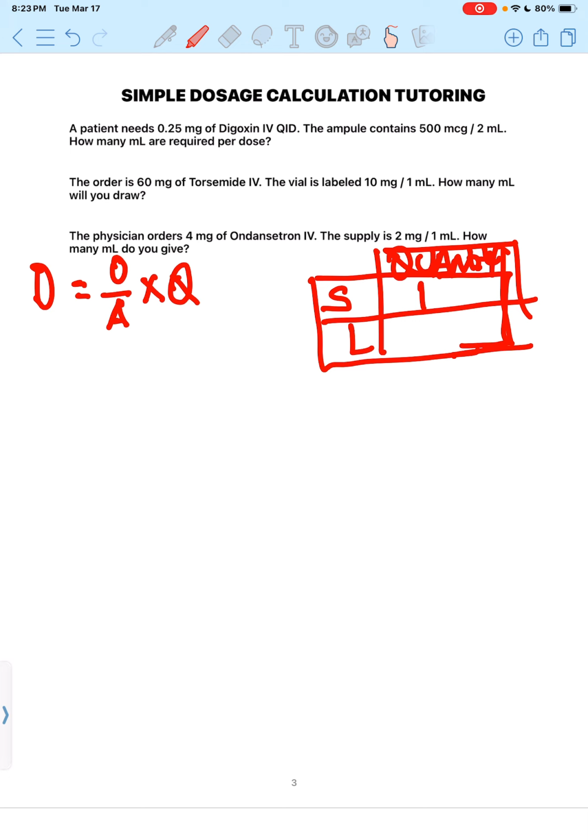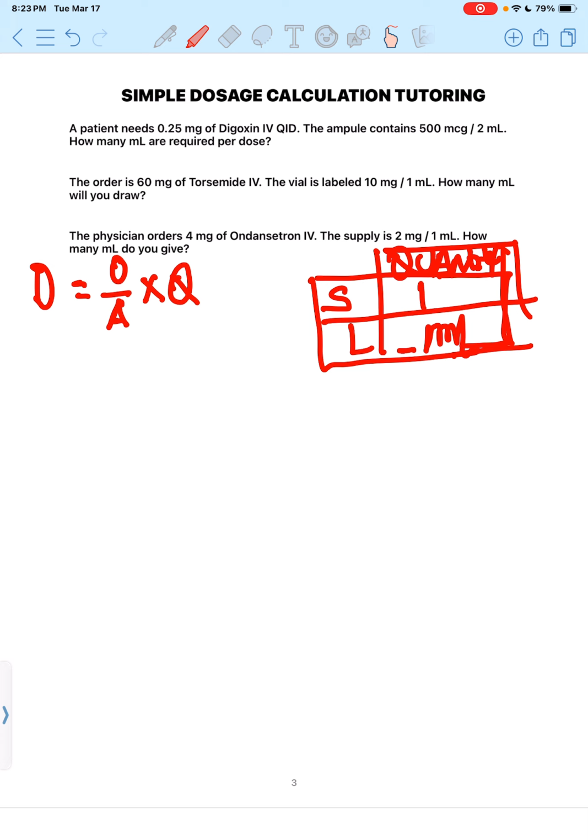A liquid medication is whenever they ask you how many milliliters. So for the liquid medication, the quantity is going to be whatever number is beside milliliter. So if you have a milli or per milliliter, the quantity is always going to be 1.